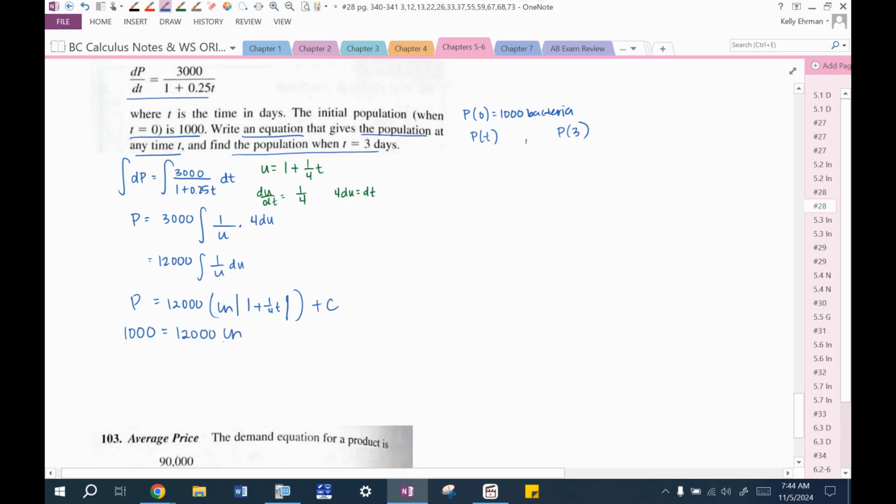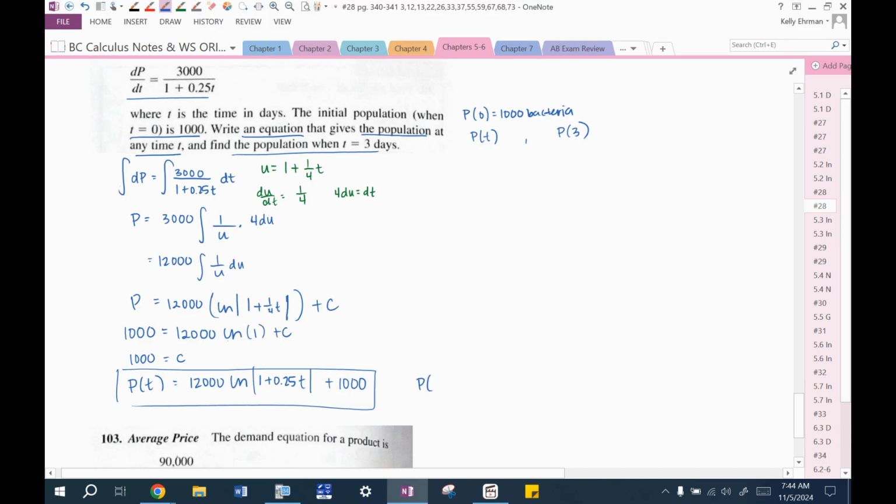So this is 12,000 natural log of just 1 plus c. Natural log of 1 is 0, so c is 1,000. So asking for the formula for p of t, it's 12,000 natural log of the absolute value of 1 plus 0.25 t. I'm going to write it this way because it just looked weird the way I was writing it there. Instead of plus c, it's plus 1,000.